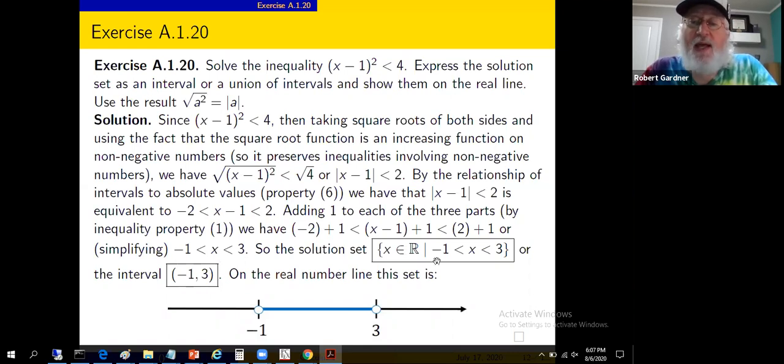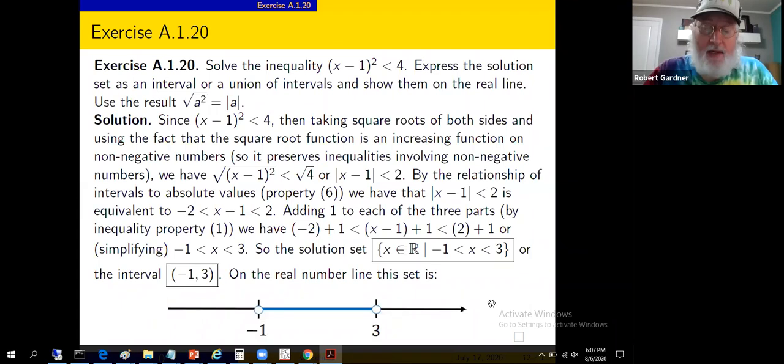So the solution set is all real numbers x greater than negative 1 and less than 3, the interval from negative 1 to 3. Along the real number line, that's negative 1 to 3, excluding the endpoints because that's a strict inequality, and shading in everything in between.